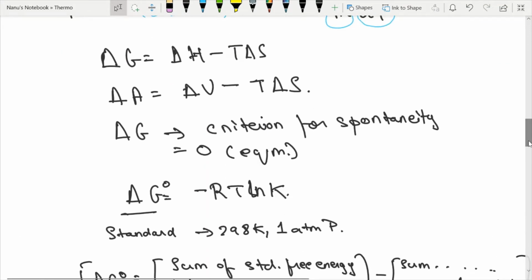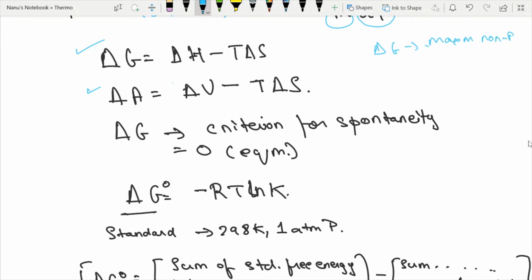Another equation, this is a very famous equation as you guys know, about Gibbs free energy and your change in enthalpy. For this we have this equation, and for Helmholtz free energy and your internal energy we have this equation. Do remember two very important things over here: del G is also called your maximum non-PV work, and del A, the change in Helmholtz energy, is also called your maximum reversible work.